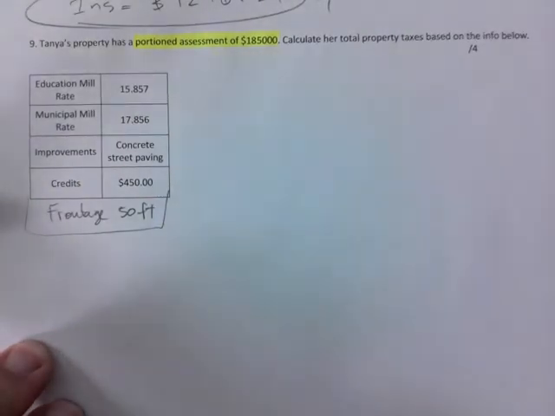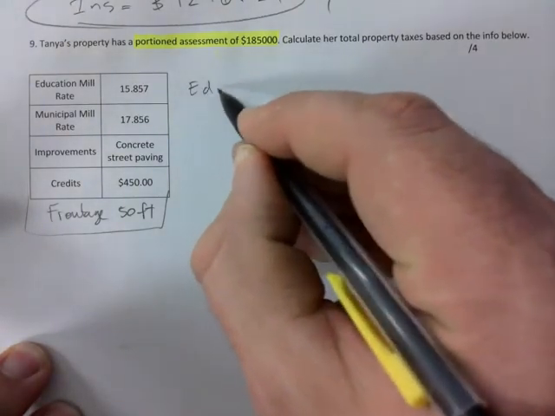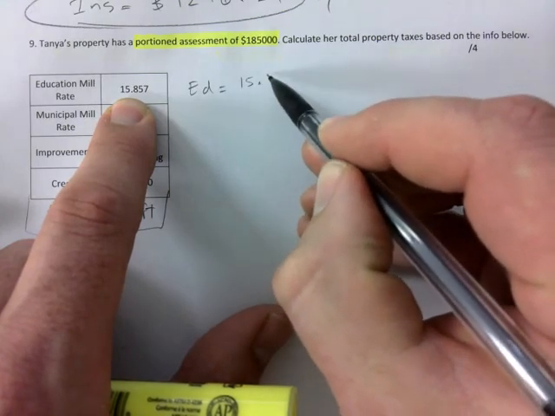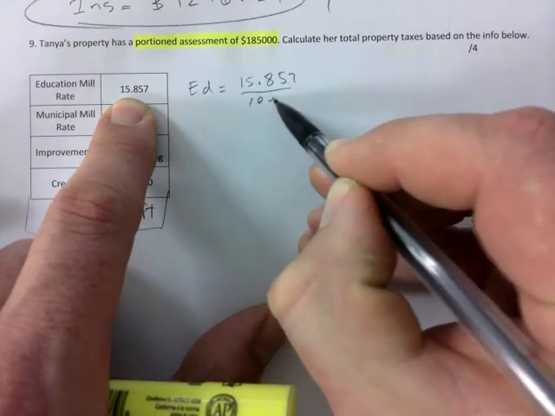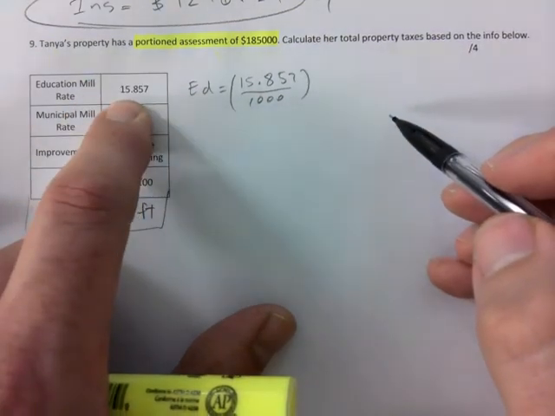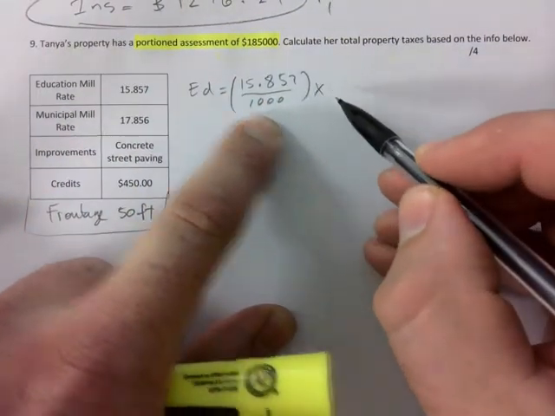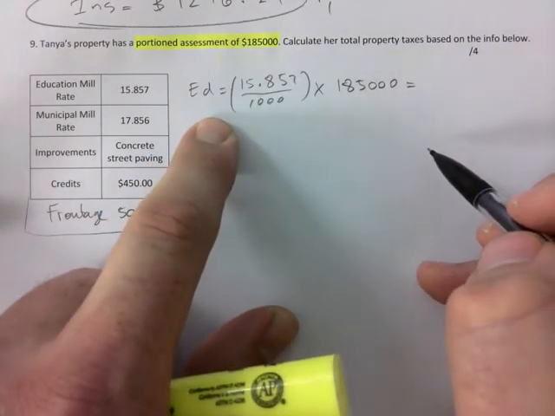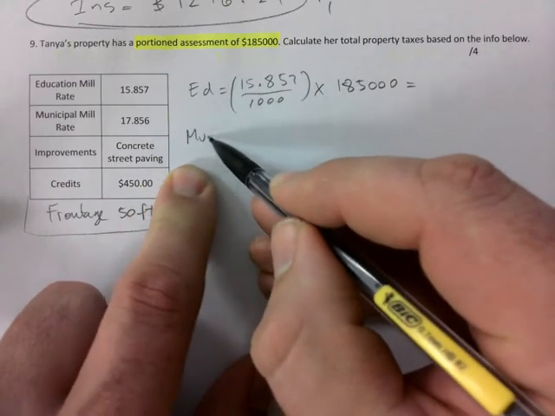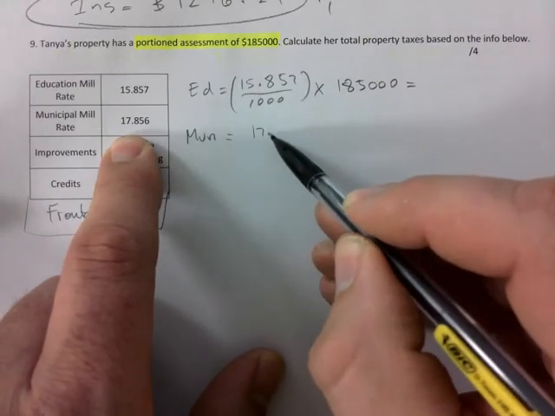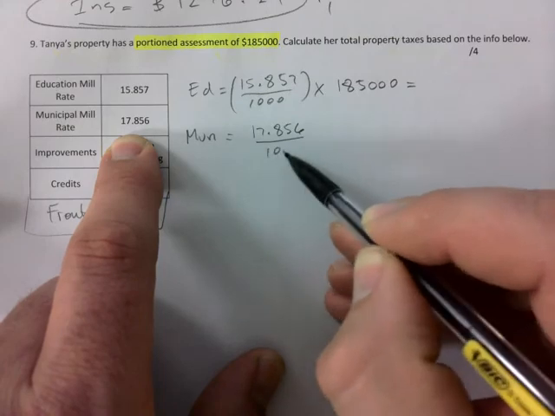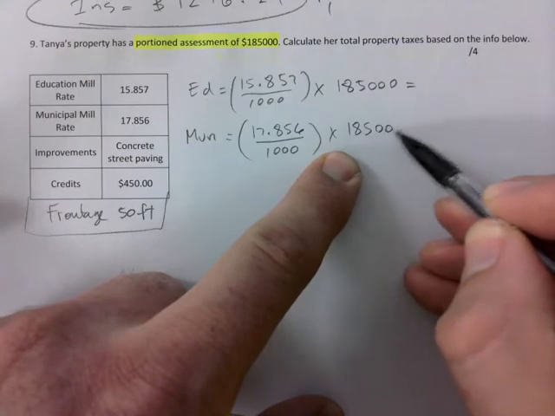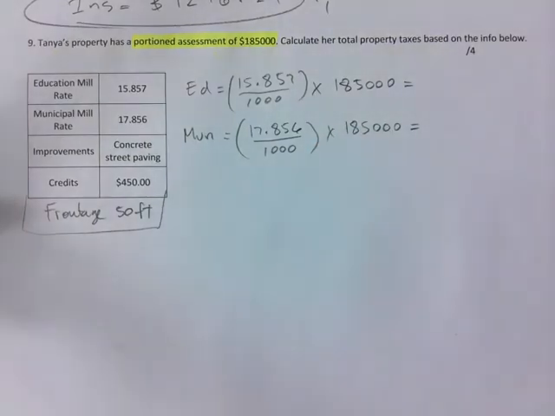Okay, and on the quiz you're going to see this, right? So for education, you take the mill rate, divide it by 1,000, then multiply it by the portioned assessment, right? So that would be the answer for education. For municipal, I take that mill rate, I divide it by 1,000, and I also multiply it by 185,000, right? So that would give me that.